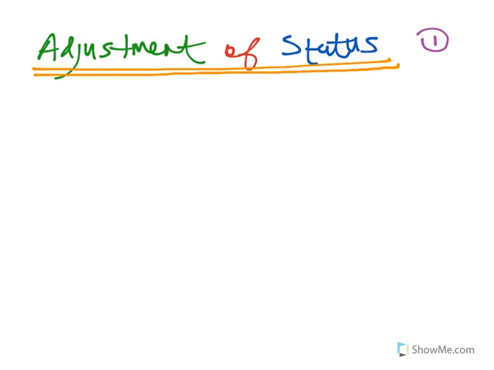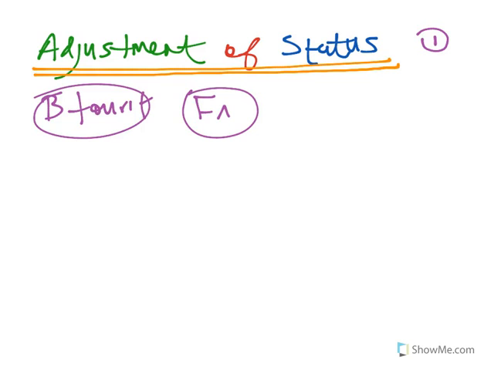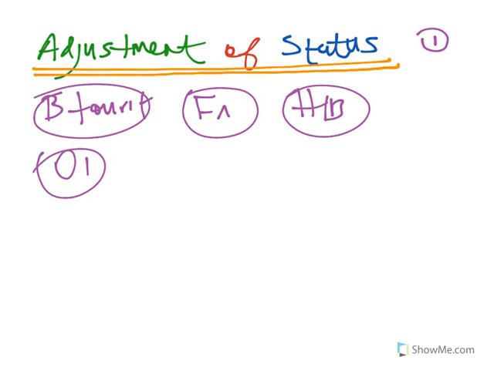So in adjustment of status situations, the foreign national can be in the United States on a B tourist visa. They can be here as an F1 student. They can be here as an H1B work visa or O1 work visa, or they can be here in any other legal non-immigrant status.